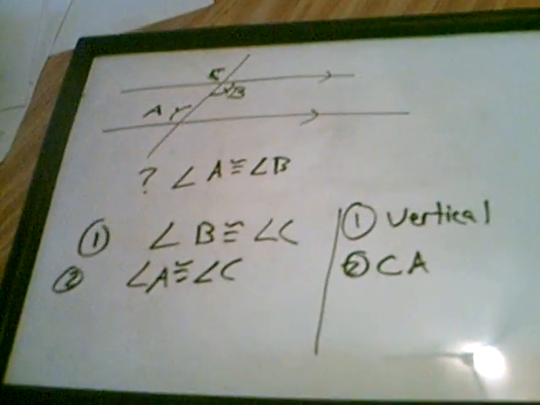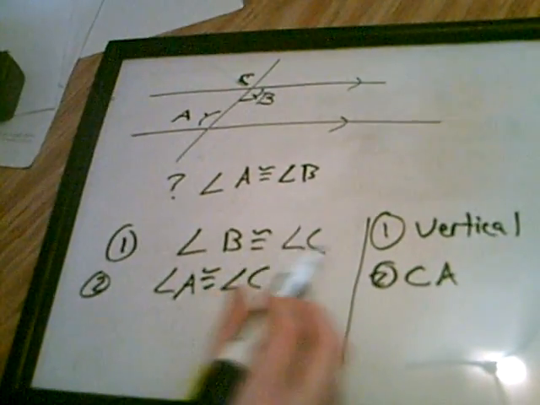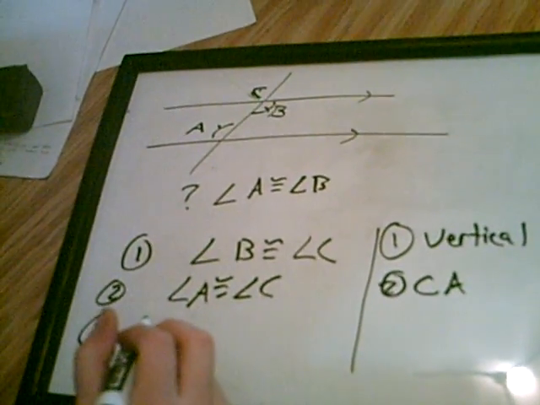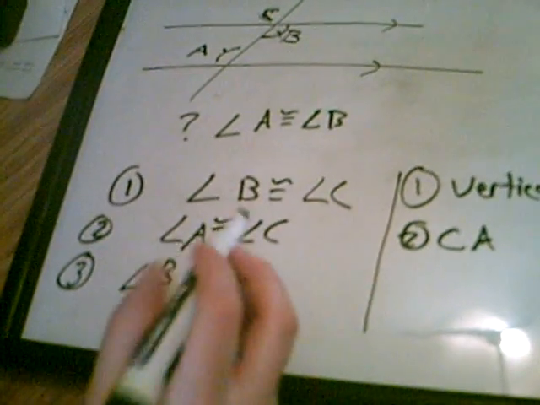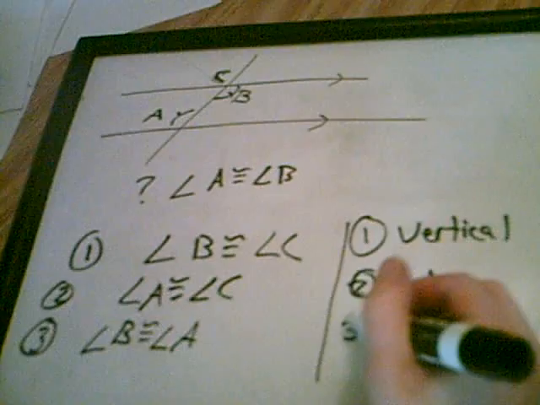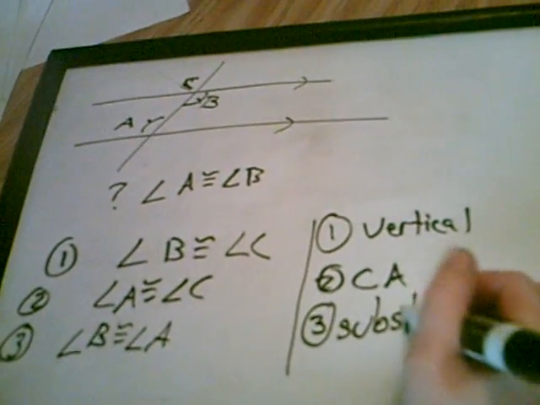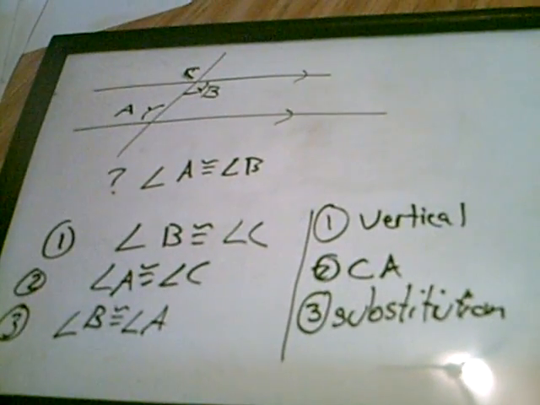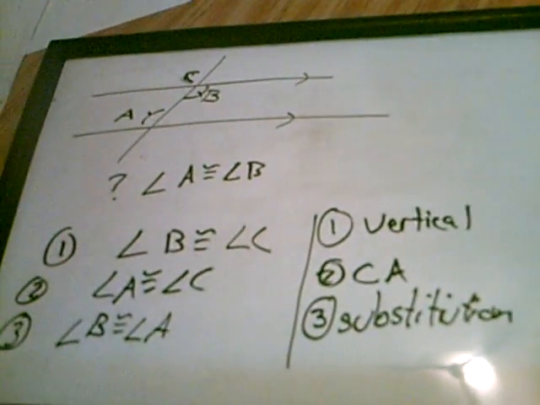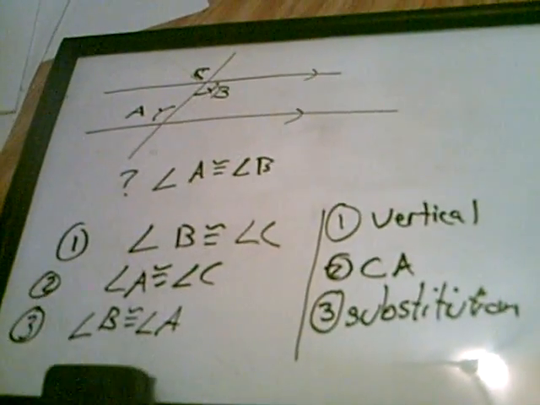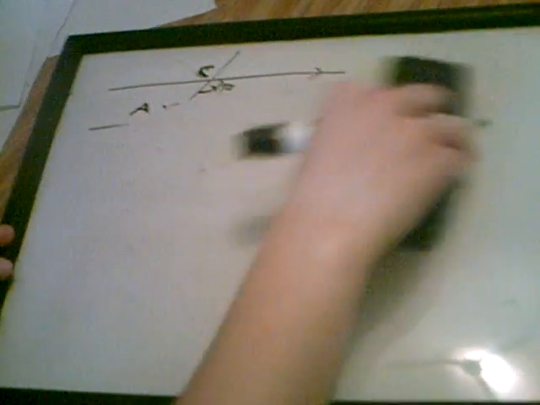And now we know angle C obviously equals angle C. So I'm going to substitute angle B in for angle C. And my reasoning for that is substitution. So that's one way you can prove the alternate interior angle theorem. For later in the homework, I'll have you prove alternate exterior, and it is pretty much similar.